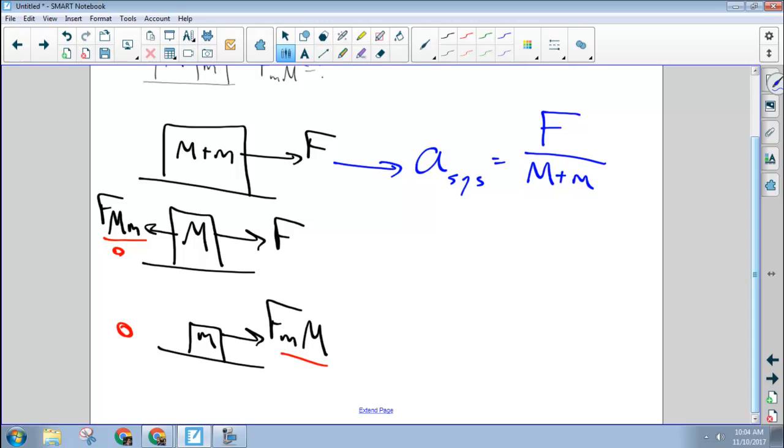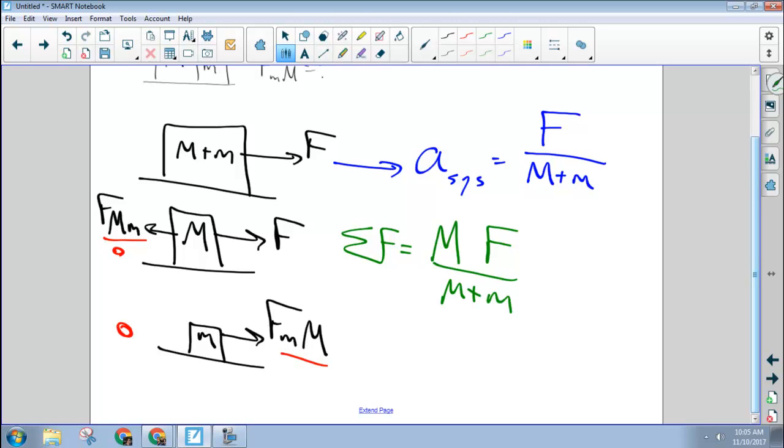Good? So, what does that mean the acceleration of the 2 other blocks is? Same thing, right? So I ought to be able to find the net force on each of these 2 things, right? For this one, my net force is going to be capital M times that, right?